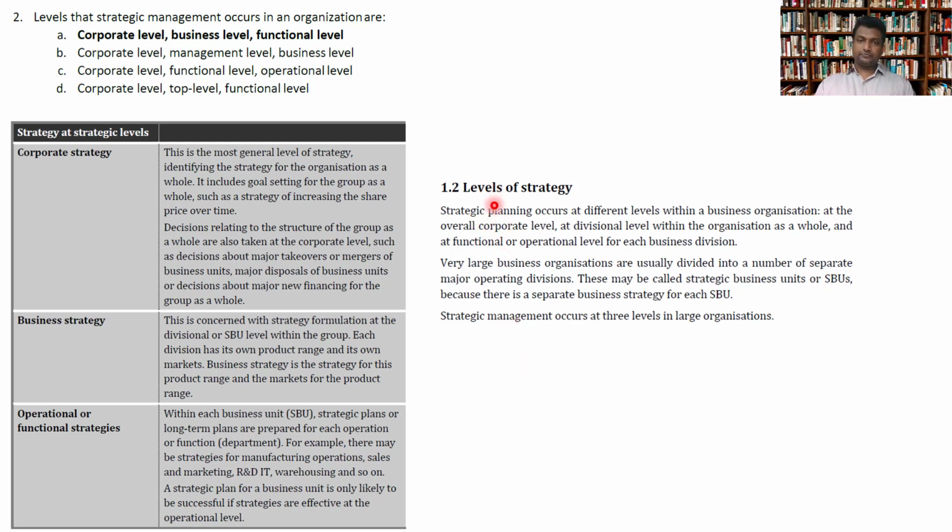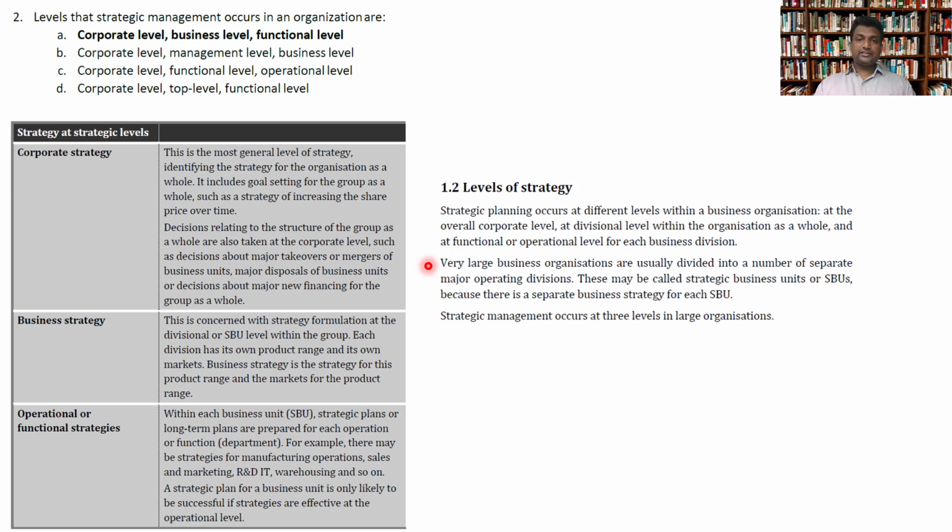Levels of strategy. Strategic planning occurs at different levels within a business organization: at the overall corporate level, at the divisional level, and at the functional or operational level for each business division, right?